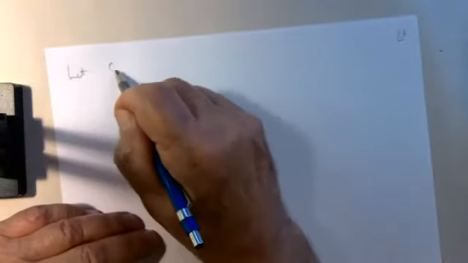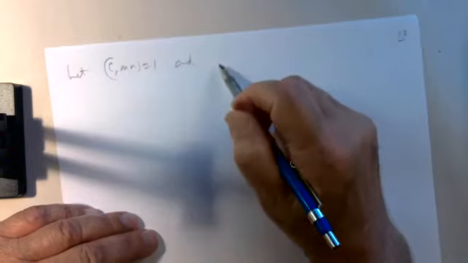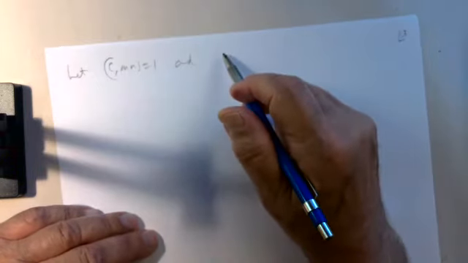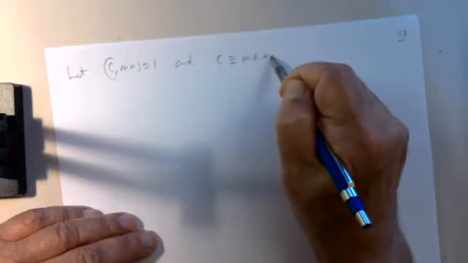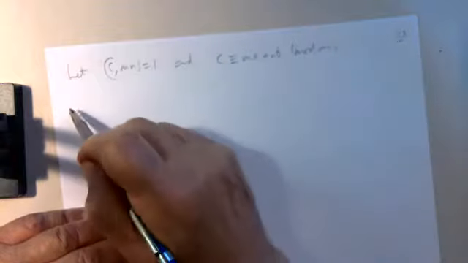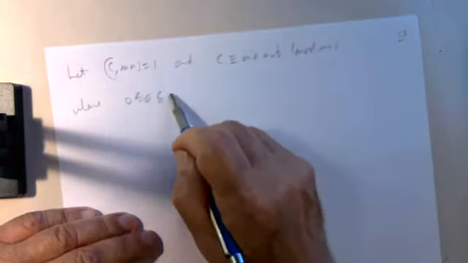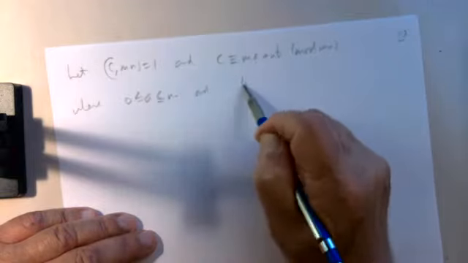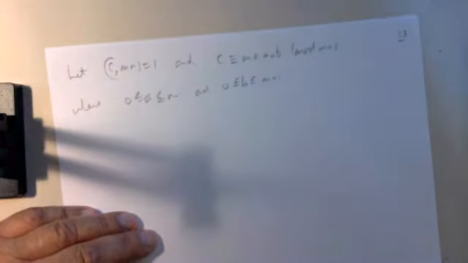So let C and M and N be relatively prime, and let C be congruent to MA plus NB mod Mn, where A is between 0 and n minus 1, and B is between 0 and m minus 1.